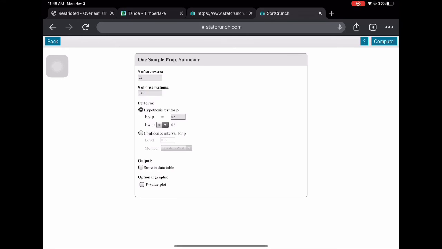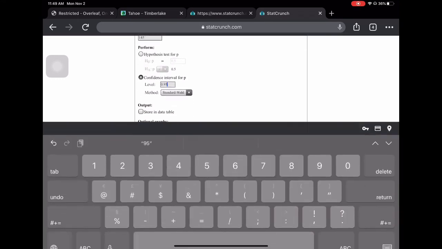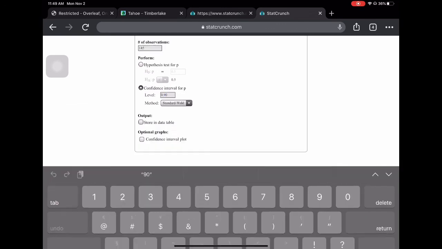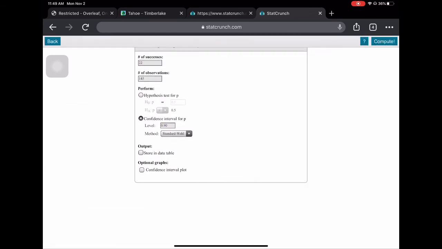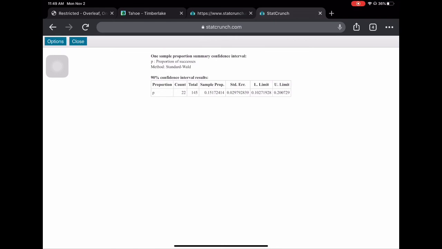And then you have to jump down and switch to confidence interval. And we're calculating 90% now, so we're going to change this to 90. So we've put in 22 successes, 145 observations, changed it to confidence interval for 0.9, and you can leave the method alone.